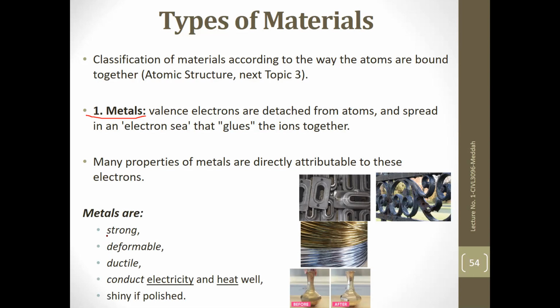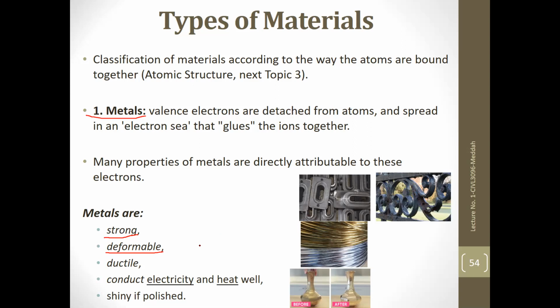Some of the major properties of metals: they are strong. Most metals have high strength. They are also deformable, so you can deform the material. You can see here some examples. Deformability is one of the key properties of metals.